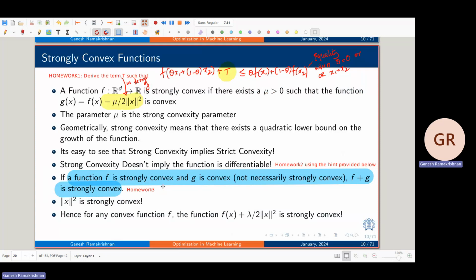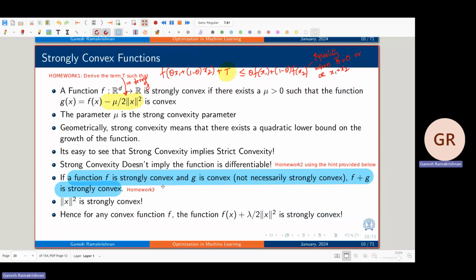Right? So this gives you a very quick way of assessing its utility for machine learning, how a regularizer helps you bring strong convexity. It quickly gives you an idea of how the summation of two functions, one strongly convex and the other just convex, still gives you strong convexity, and so on.